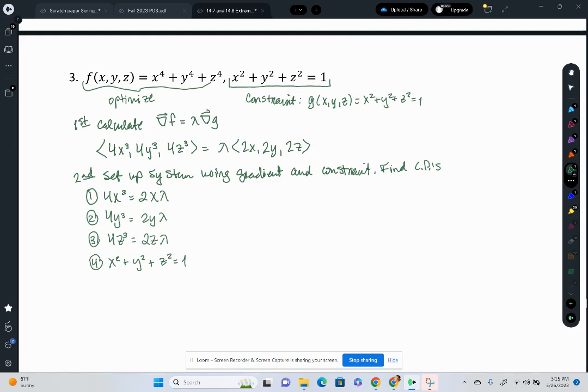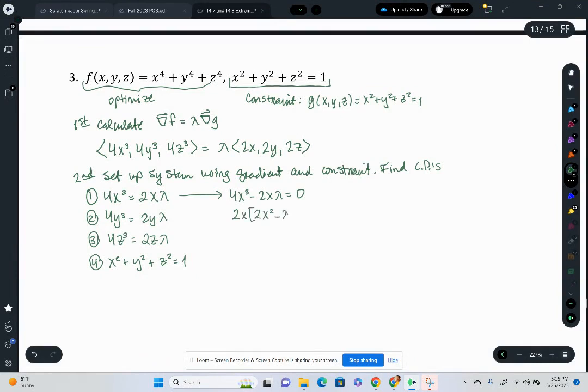Okay, if we were to look at the first one, it looks like one of those equations where I could move everything to one side and factor and get a few cases. So I'm going to look at that. If I rewrite this, I have 4x cubed minus 2x lambda is equal to 0. There's a 2x in common. I factor out the 2x, leave behind 2x squared minus lambda. That's equal to 0. I get 2 cases.